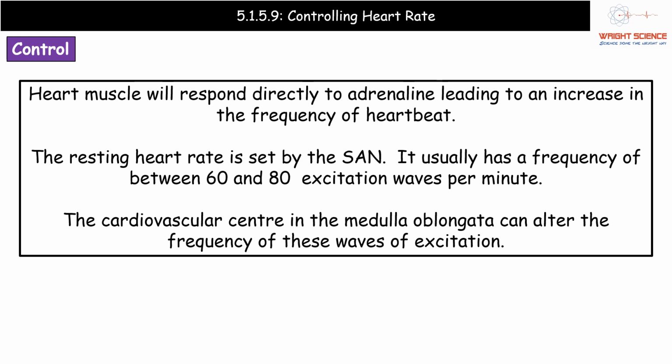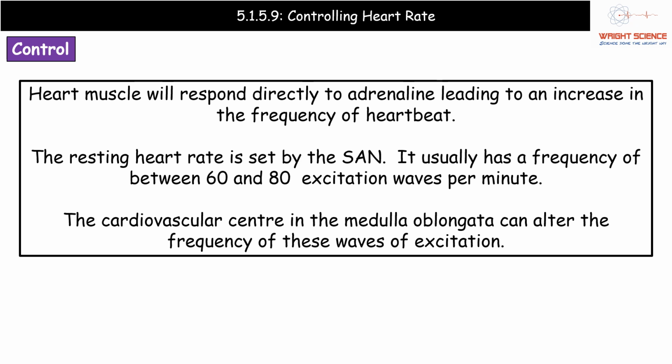So what we typically find is average heart rate when you're at rest is 60 to 80 beats per minute, or excitation waves per minute. Obviously, if we've got a period where we're going to have to fight or run away from danger, we're probably going to need a faster heart rate than that to be able to pump the blood faster, so that we've got more oxygen and glucose to the muscles, etc.